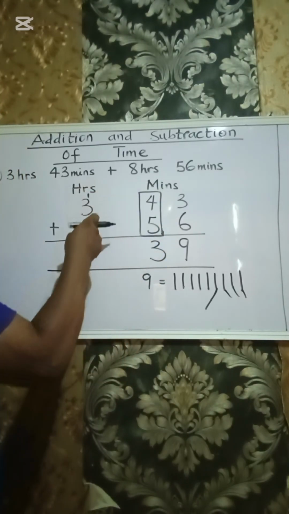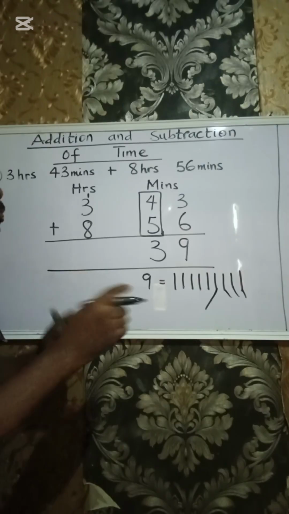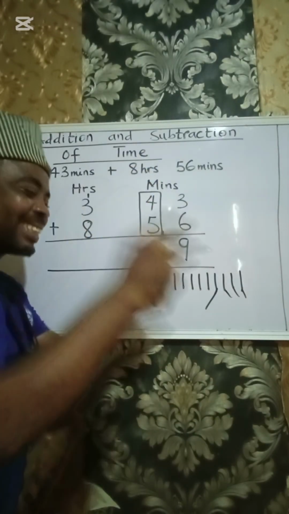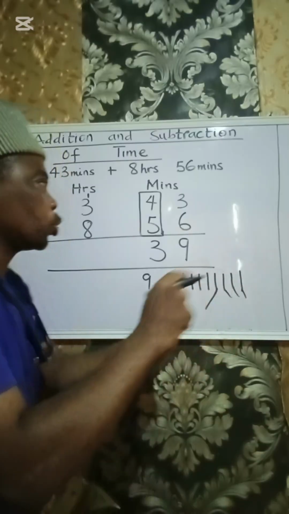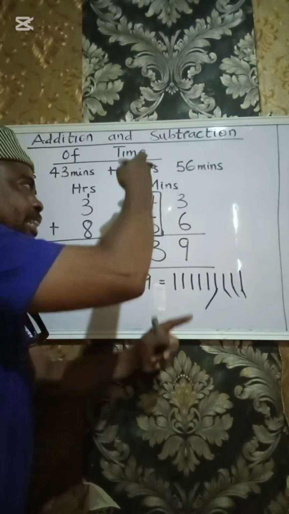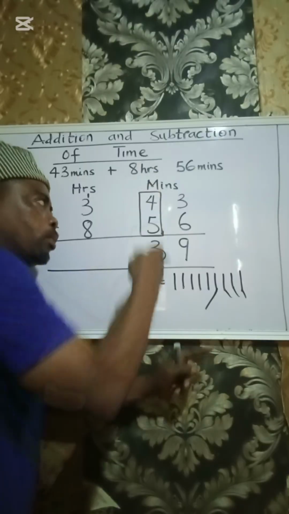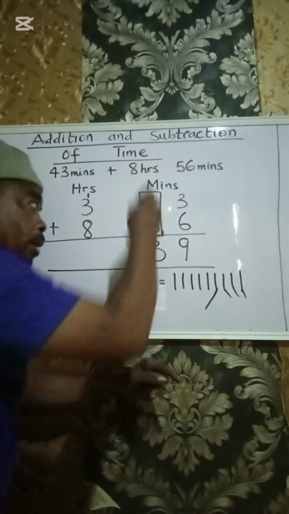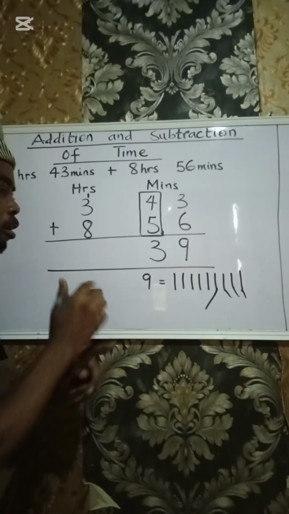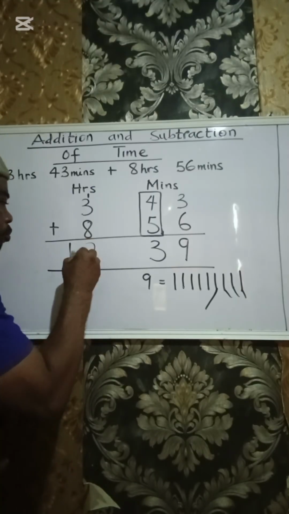Now let us add this one together. This is normal. The only special place is this column. Pay attention to it. Anytime you see addition of time or subtraction of time, pay attention to this column, under minutes. Now add this one together. By God's grace, you are going to get 12. So 12 hours.